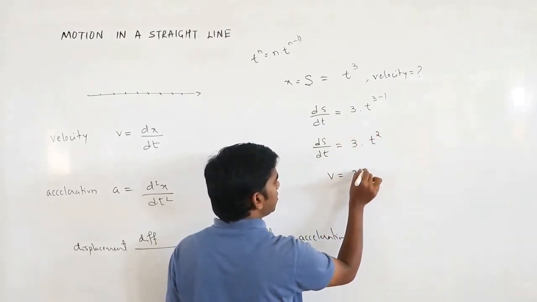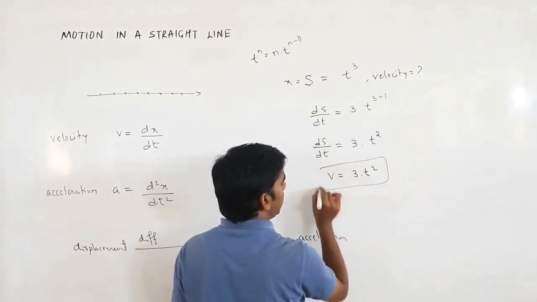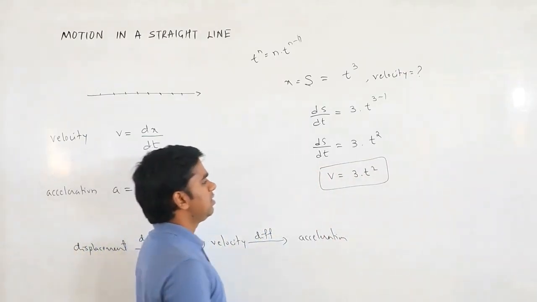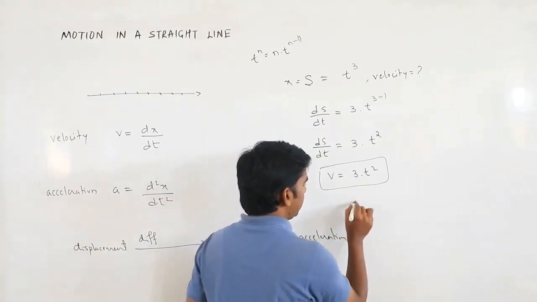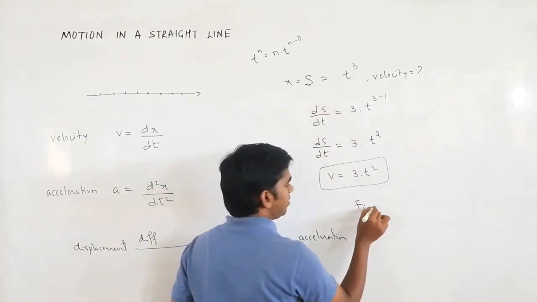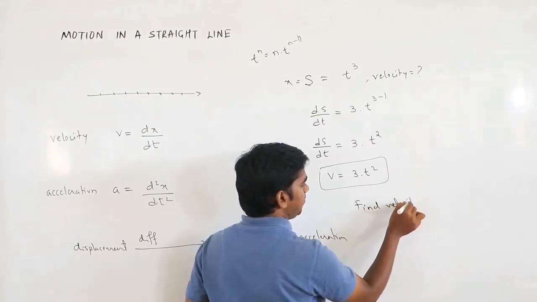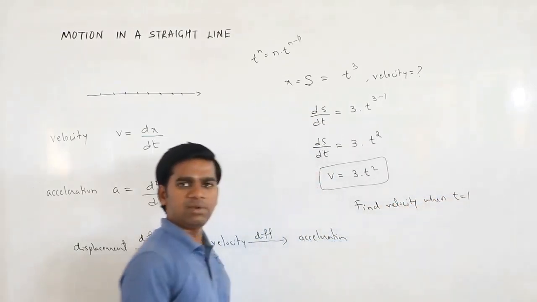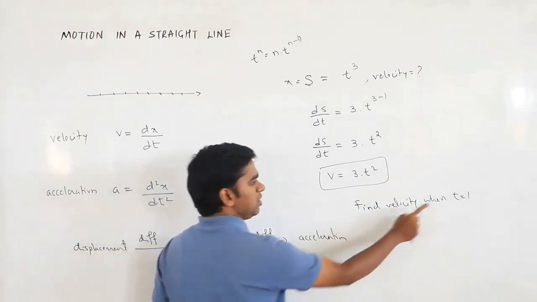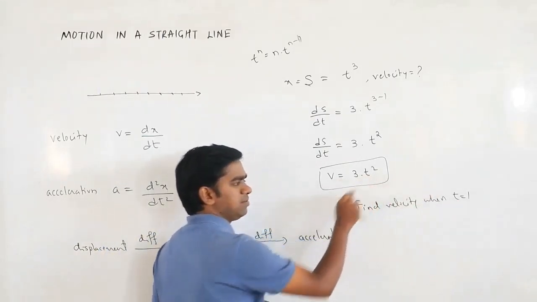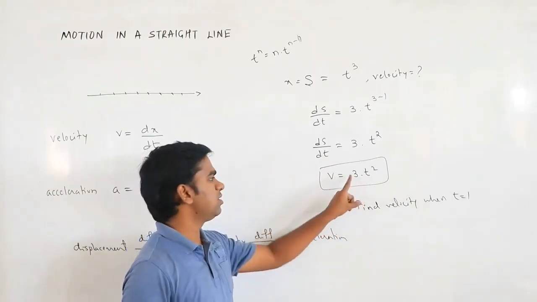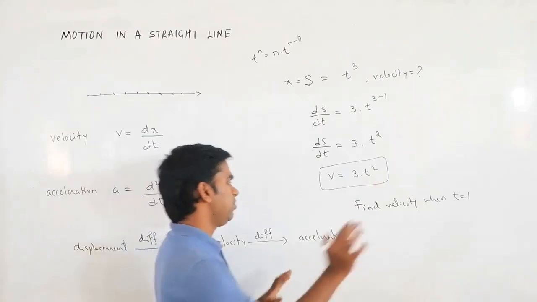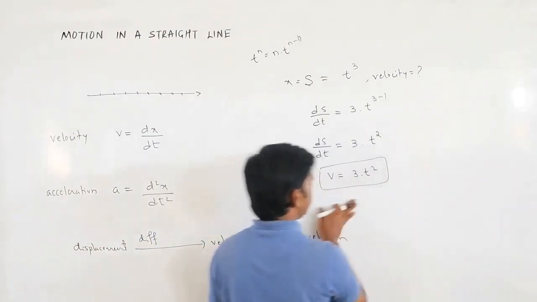So velocity is 3t square. Now for the same problem, they may say find velocity when t equals 1. You just substitute t equals 1 here. 1 square is 1, so v equals 3. That we will see later. As of now, just remember it like this.